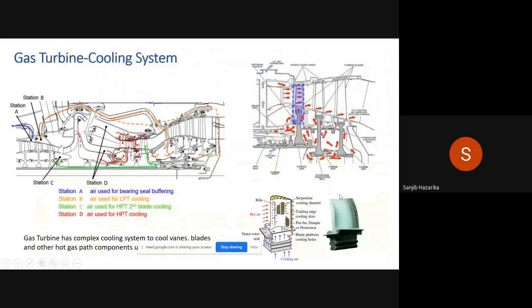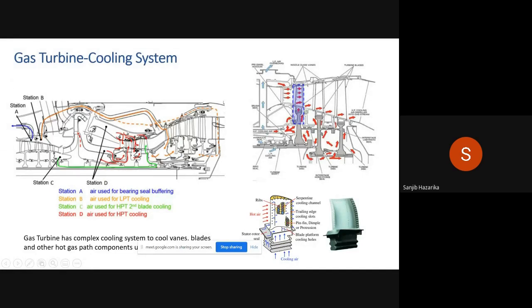If we see the parts: compressor, combustor, and turbine. Other than this, the gas turbine has a very complex cooling system. As I mentioned, the temperatures of the gas turbine after the combustor are very high, so for those high temperatures, we need a very sophisticated cooling system.